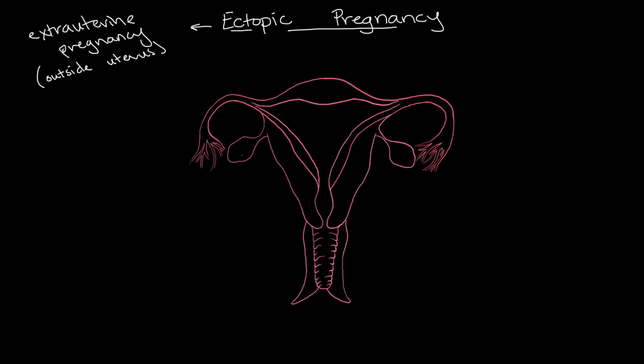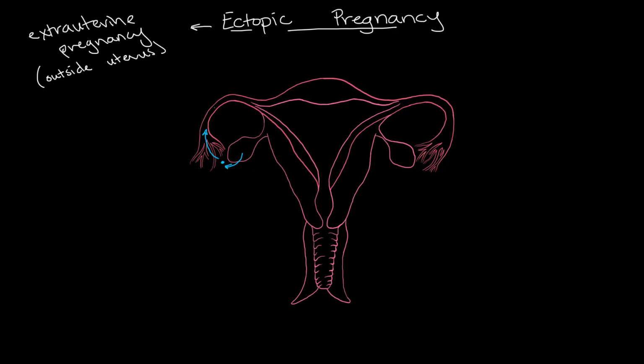When the egg is released from the ovary, it usually travels down the fallopian tube and into the uterus, where it's either fertilized in the tube and implants in the uterus, or is even maybe fertilized inside of the uterus.